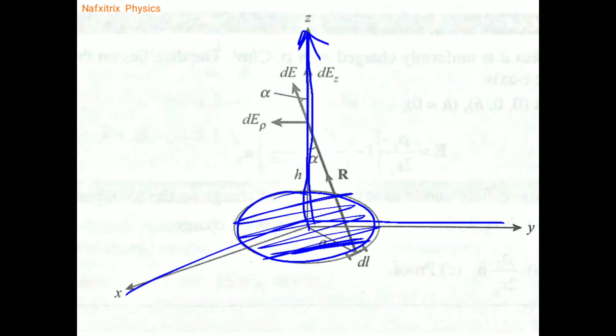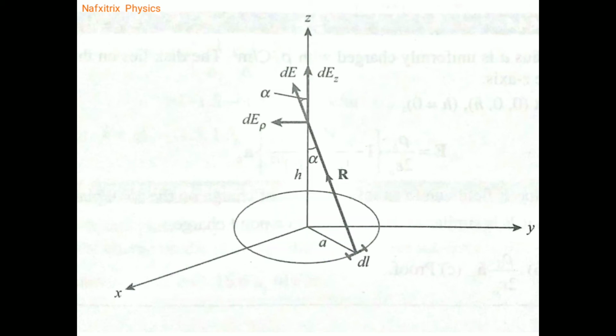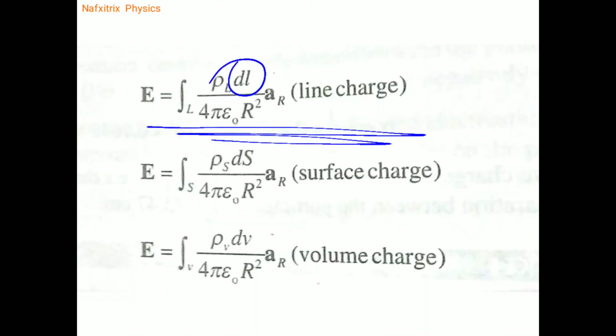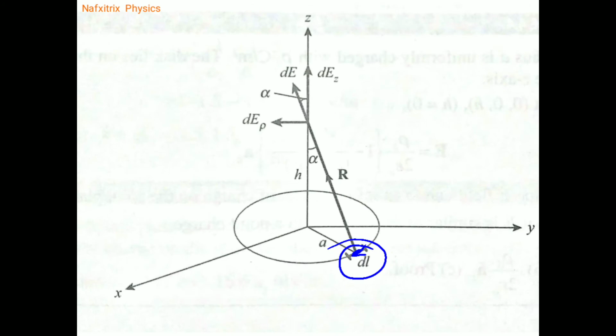First of all, this is the arrangement. Here is the ring, and we consider a particular element dl of the ring, not the entire ring. We just consider a particular dl element, and later we integrate over the entire ring.